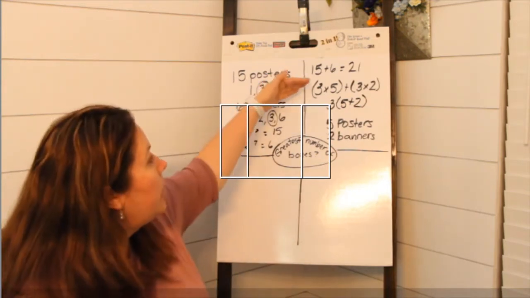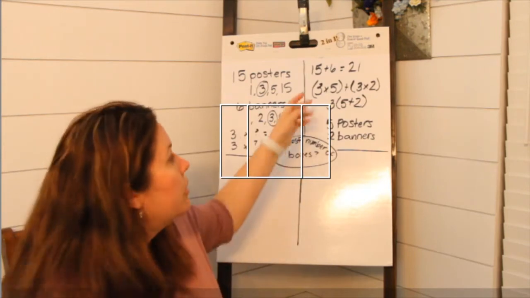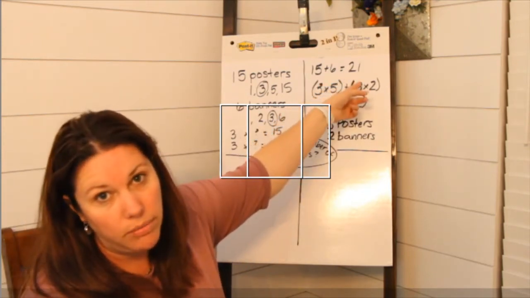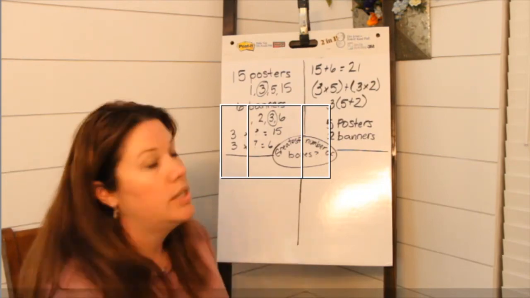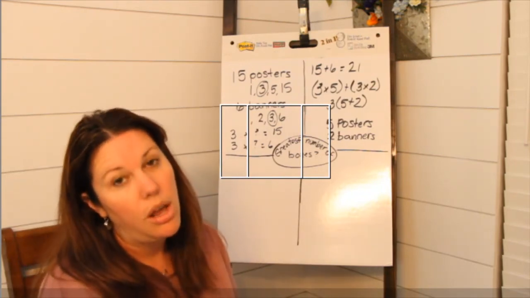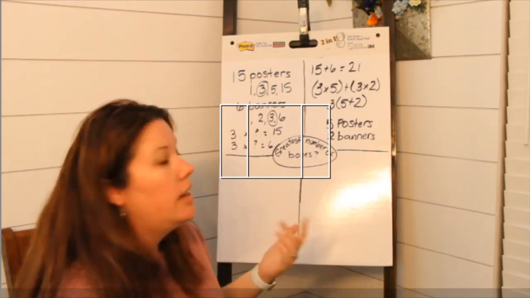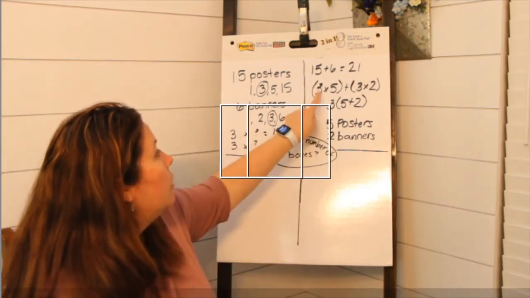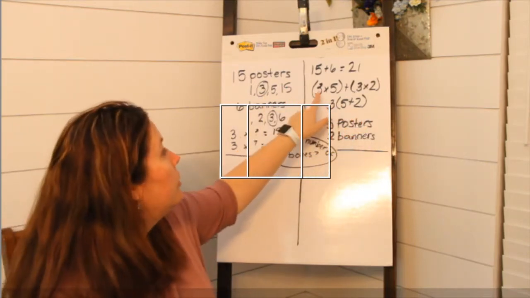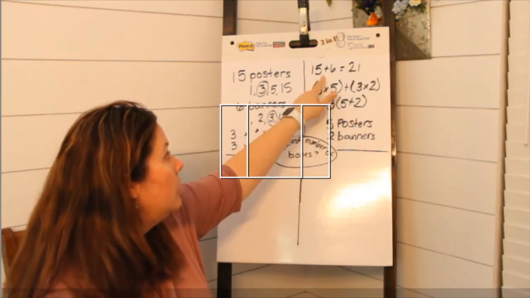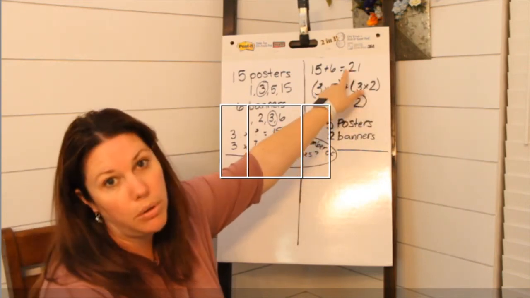And any way that we have written it, so that we've distributed the number, we are still going to get 21. Because through PEMDAS, we know that we have to do what's inside the parentheses first, and then multiply or divide, and then add or subtract. So let's just do this mentally, just to make sure we're on the right track. So 3 times 5 is 15, 3 times 2 is 6, and 15 plus 6 is 21.